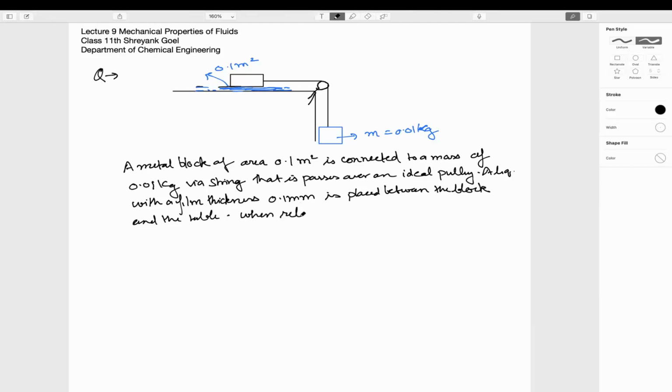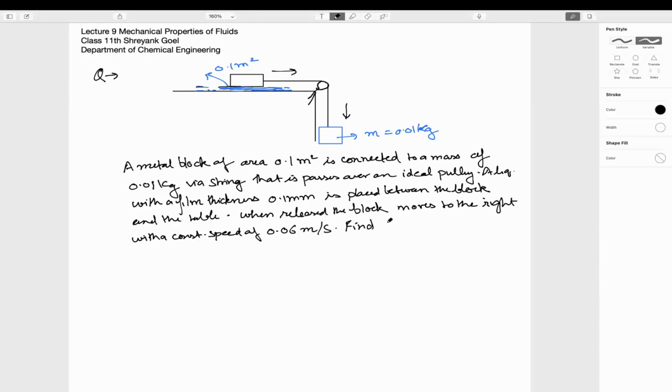When released, the block moves to the right. So as the mass goes down, the block moves to the right with a constant speed of 0.06 meter per second.